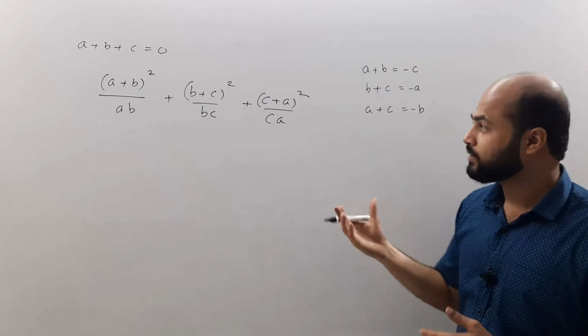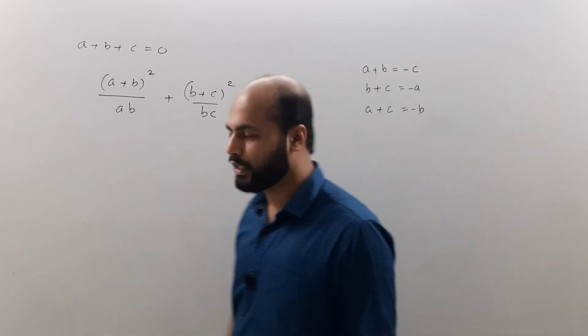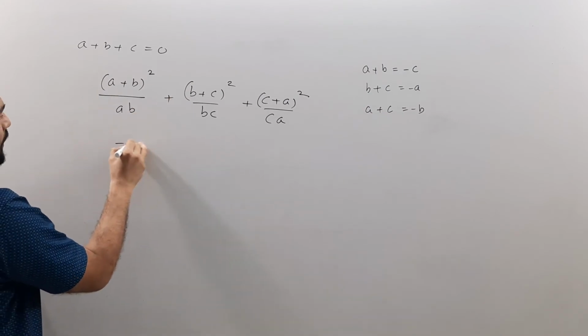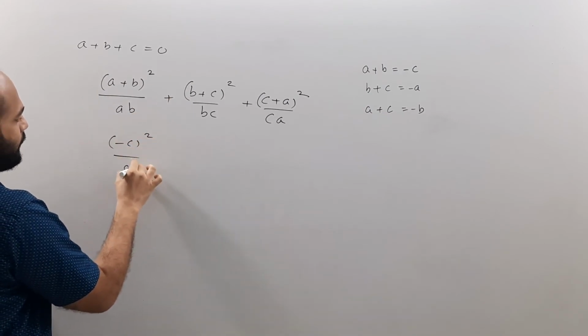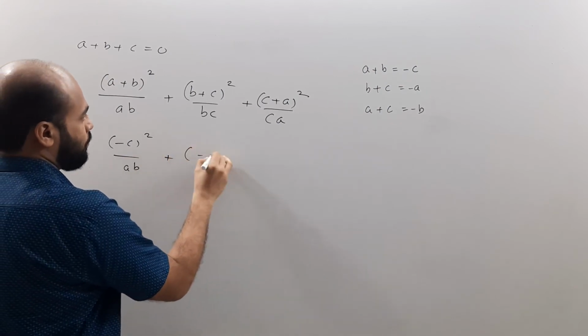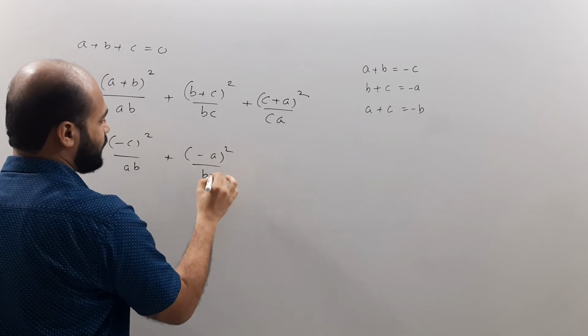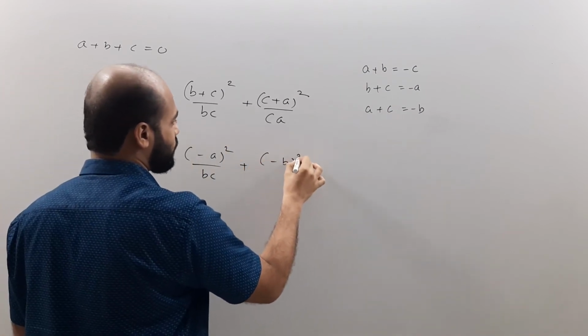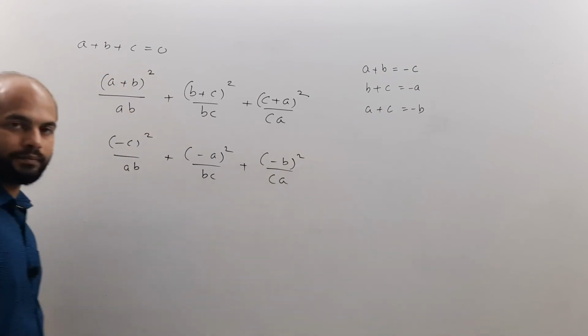Now we can substitute it inside and try and simplify the expression. So a plus b is minus c, so I will write minus c the whole square by ab. This we can write as minus a square by bc, and c plus a the whole square could be written as minus b the whole square by ca.